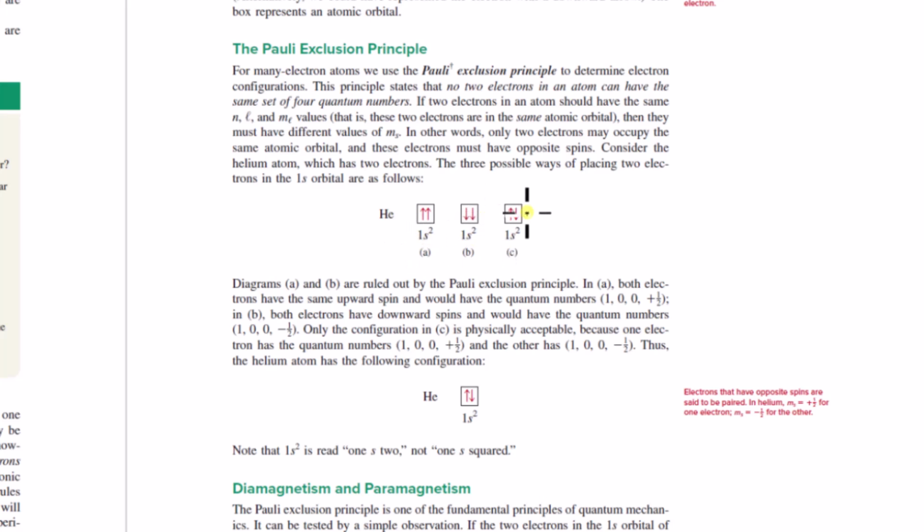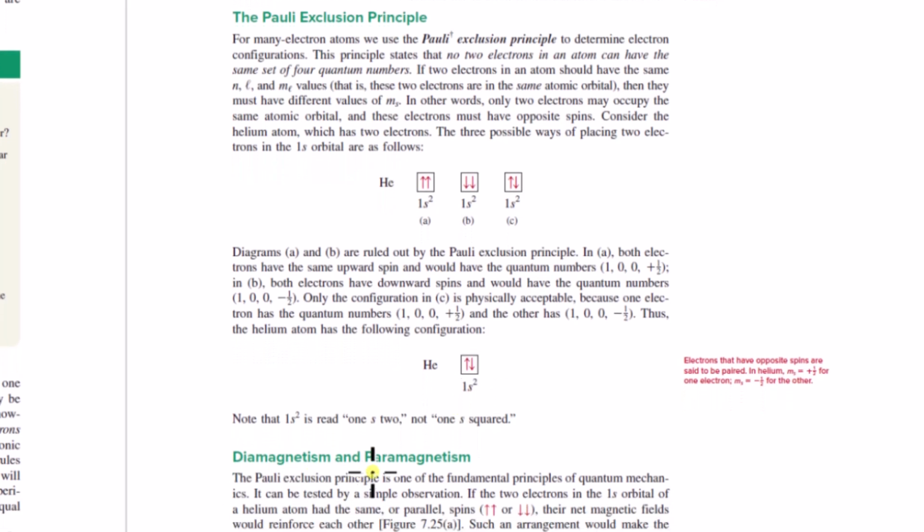This is the only way you can put 2 electrons in a single atomic orbital. You can't put 3. You could put 1, none, or 2. And if you do put 2, you have to put them with opposite spins. So there's the helium electron configuration. It's read as 1s2, not 1s squared.